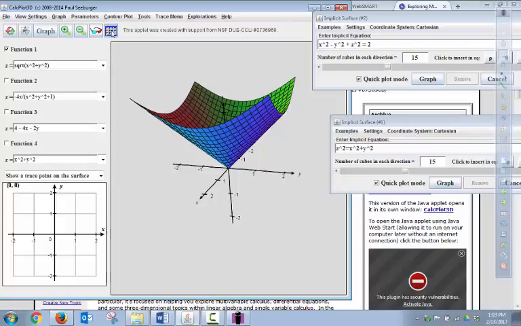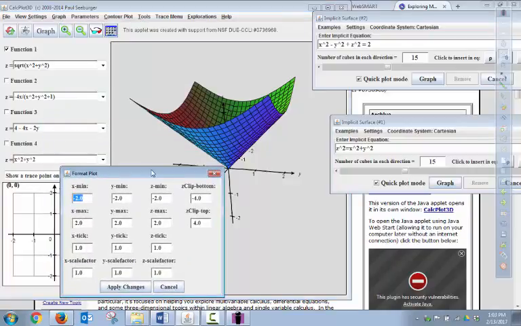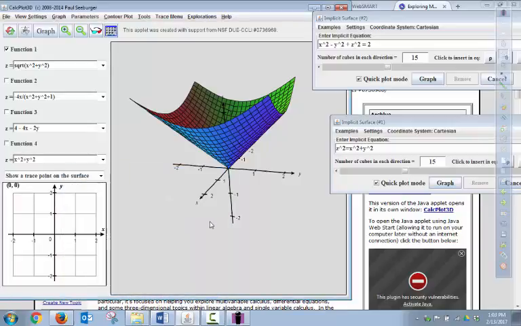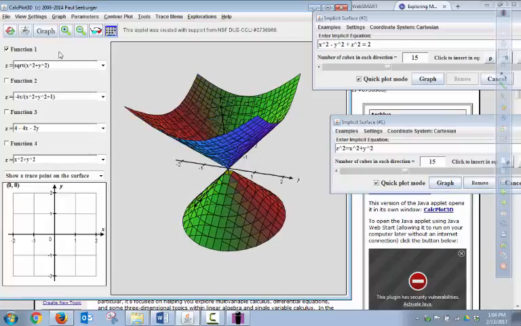And if I fiddle around with my domain, these are my domain values for the x, y, and the z, then I can possibly change the way this looks. But if you compare it to the other graph, now it's kind of bleeding in together.